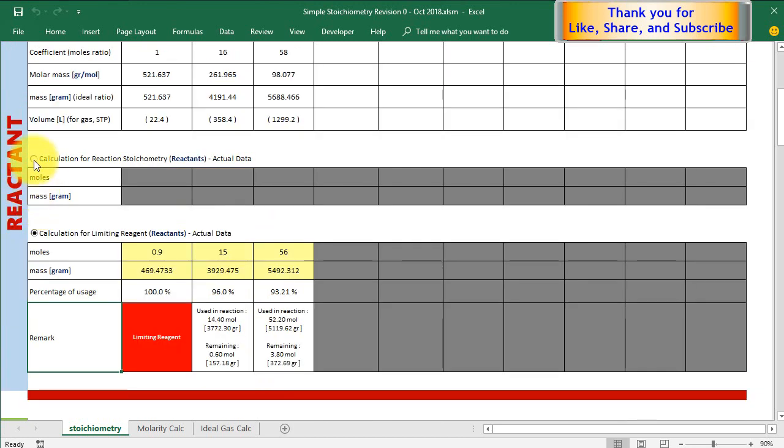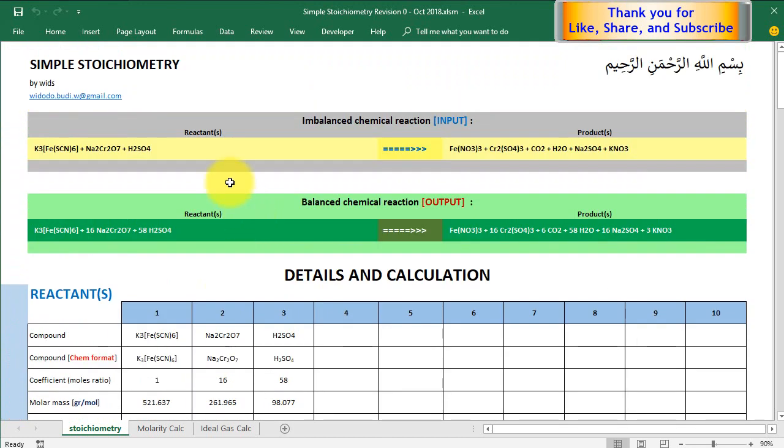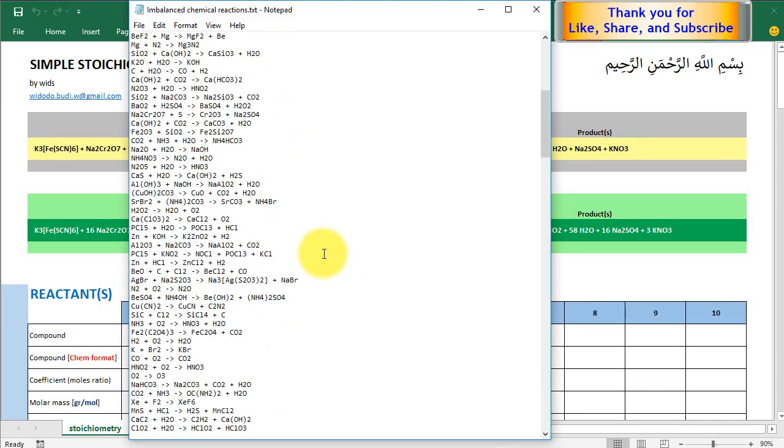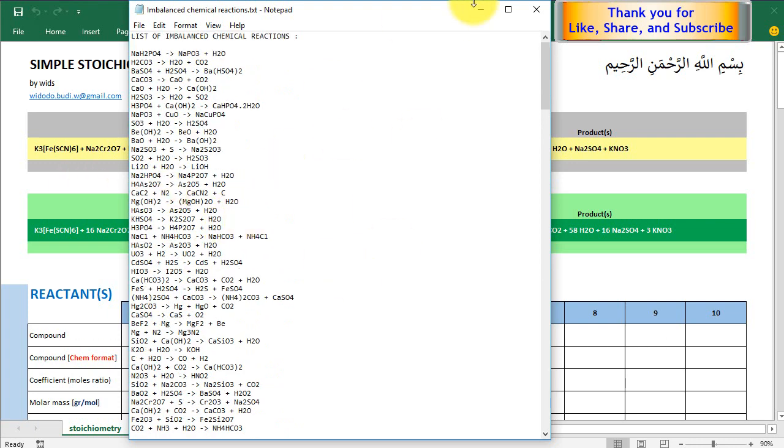Yeah, we can change whatever we want. Alright, I think we can try with another.